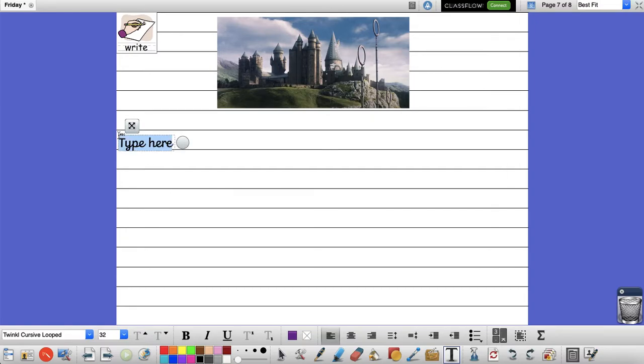So, for example, you might start with: Hogwarts is a place like no other. It sat on top of a ferocious cliff, looking over the lake.